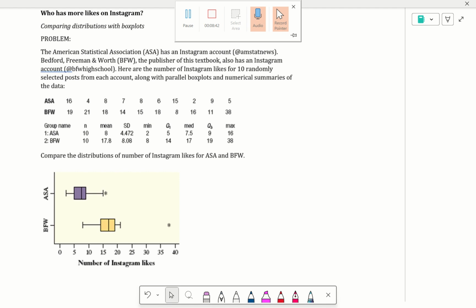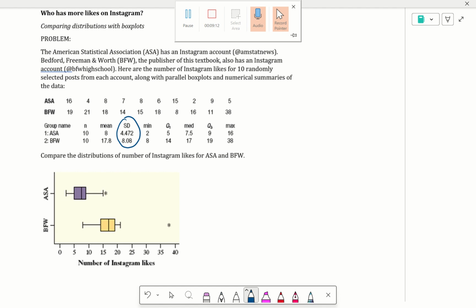So from the numerical summaries, we can see the number of observations, 10 for each. We can see the mean, 8 for one, 17.8 for the other. Remember, the mean is sensitive to outliers. So if there are outliers, that is not a great measure of center. Standard deviation, there you see that. One distribution is more spread than the other, 8.08 compared to 4.472.